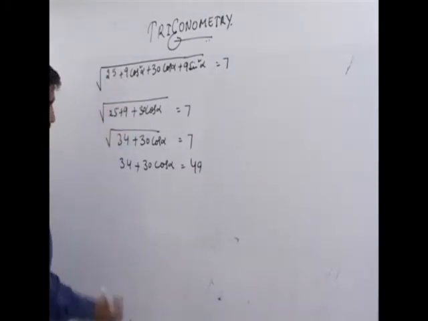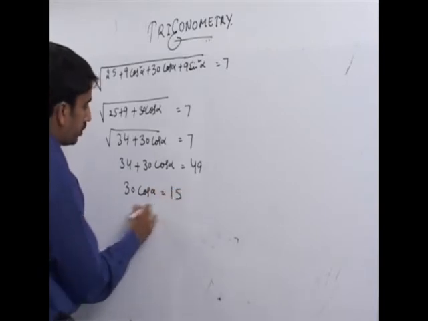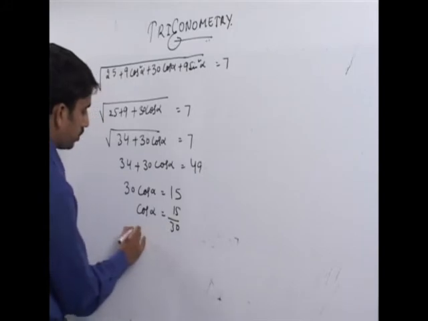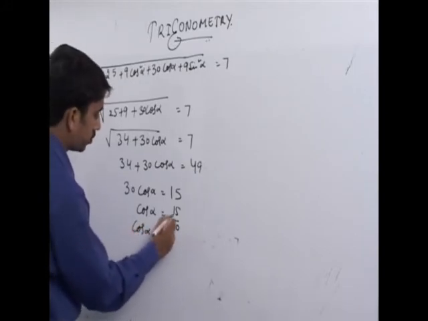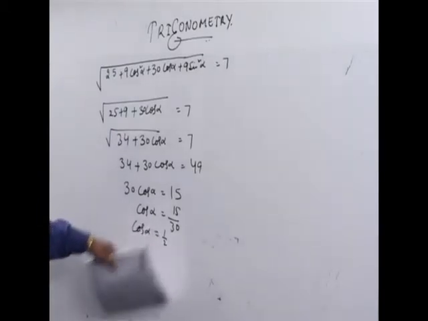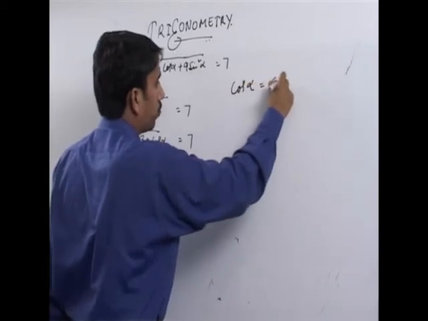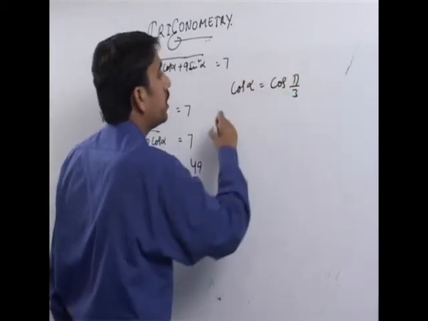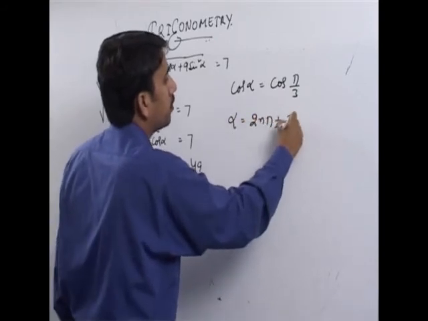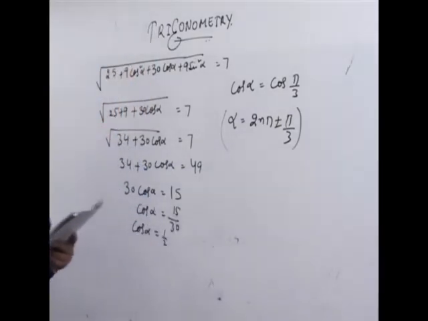Now subtracting, you will get 30 cos alpha is equal to 15, so cos alpha is equal to 15 by 30, or cos alpha is equal to 1 by 2. Now this value 1 by 2 comes out when cos alpha is equal to cos of pi by 3. Therefore alpha will be equal to 2n pi plus or minus pi by 3, which is the required solution for alpha.